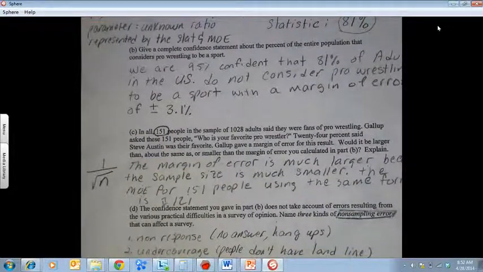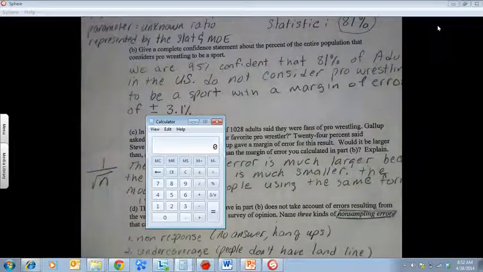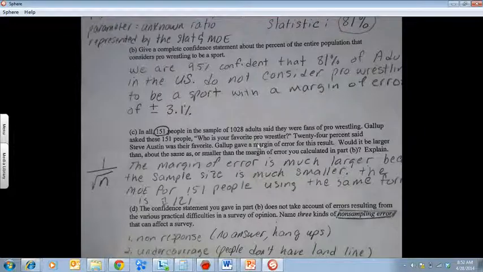If we find the square root of 151, okay, and then do 1 divided by 12.3, okay, you get 8.1% right there. So that's going to be a much larger margin of error.